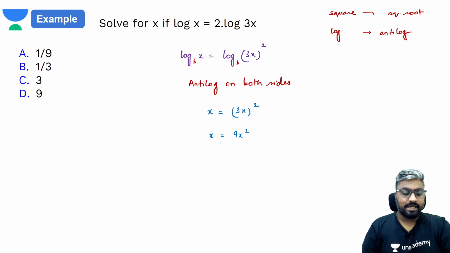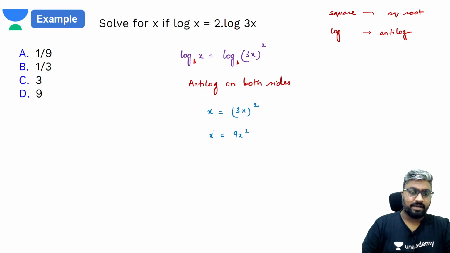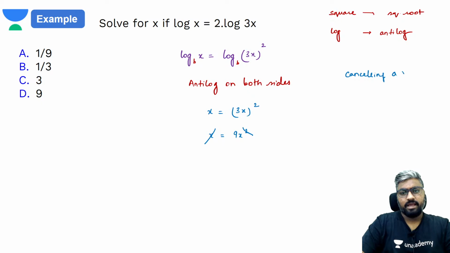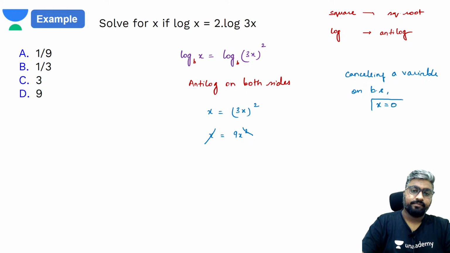Now in such cases, when you have a common variable on both sides, you have to be extra careful when you cancel them off. Let's say I'm cancelling x and x here. On cancelling a variable that is multiplied on both sides, we must consider that the variable can be equal to 0 as well.